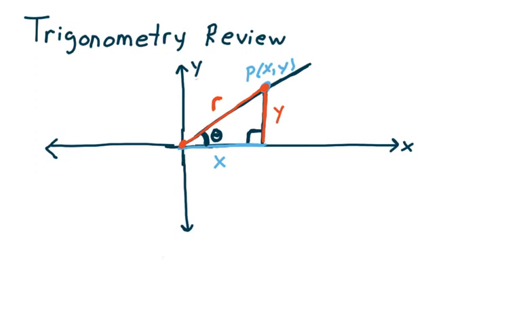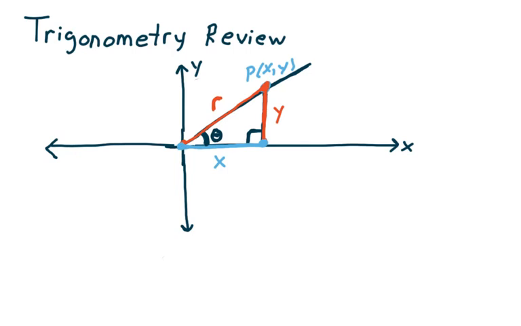Y is the perpendicular distance from the point (x, y) to the x-axis. And x is the distance from the origin out to here, highlighted in blue.